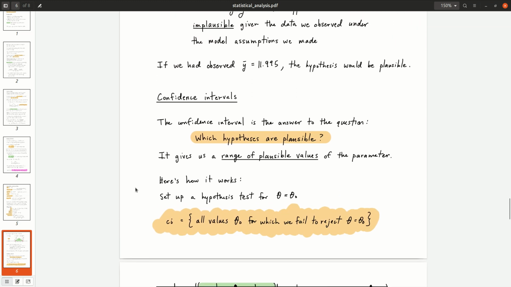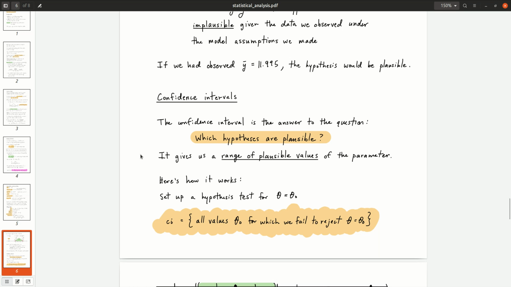So what I want you to think about here is forget for a minute about the exact precise mathematical definition of a confidence interval and think of it this way. The confidence interval is the answer to the question, which hypotheses are plausible given the data?